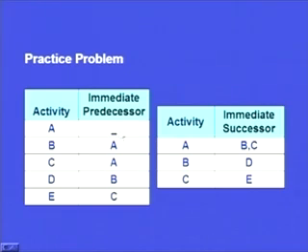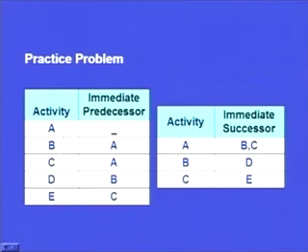A can start on its own. Activity B has A as its immediate predecessor. Similarly, C also has A as its immediate predecessor. Activity D can only start when activity B has been completed, and activity E can only start when activity C has been completed.